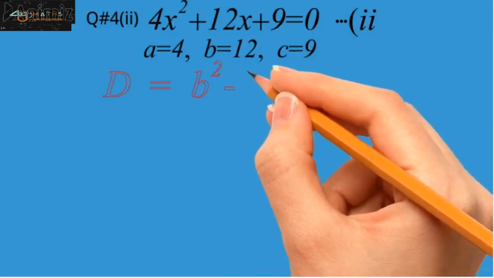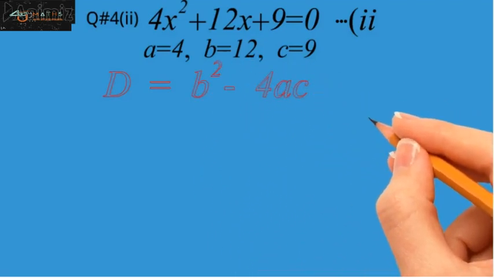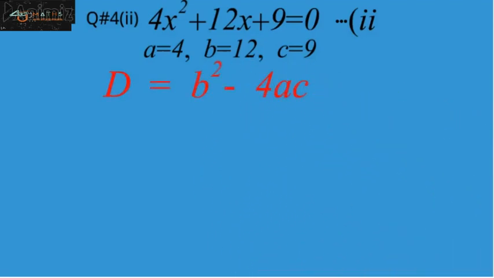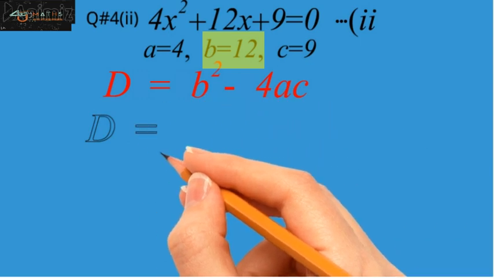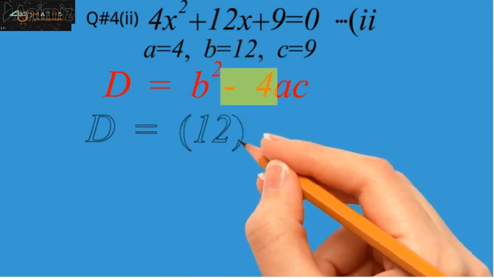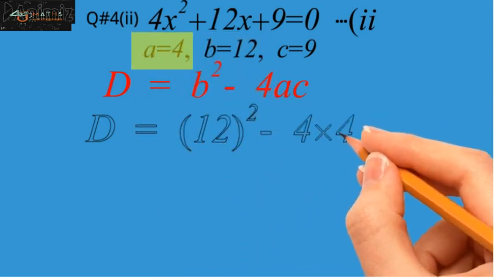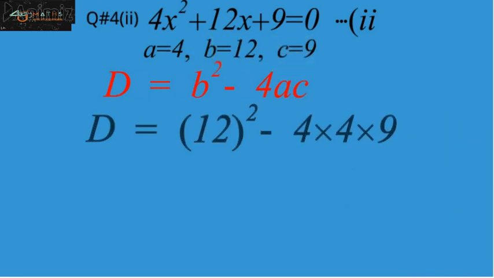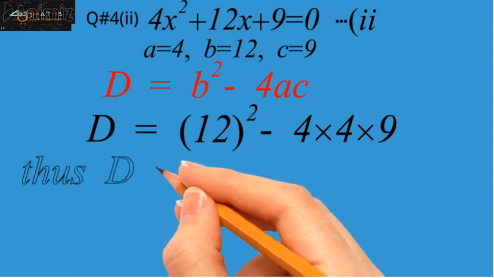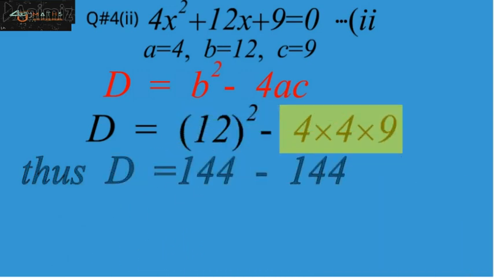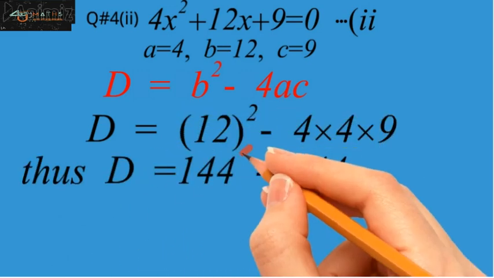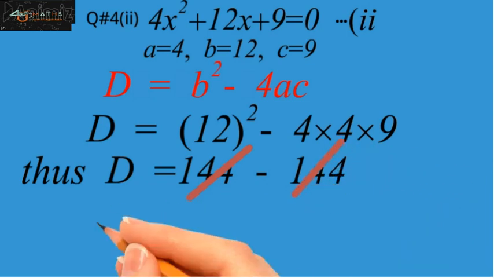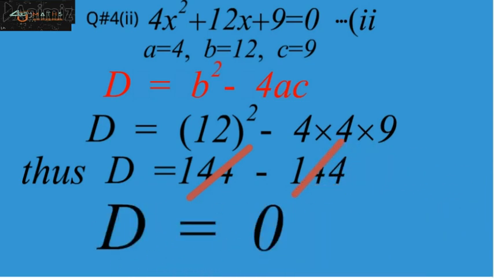Using these values, we have D is equal to 12 squared minus 4 times 4 times 9, which on simplification gives D is equal to 144 minus 144. They cancel out each other and we get D is equal to 0.